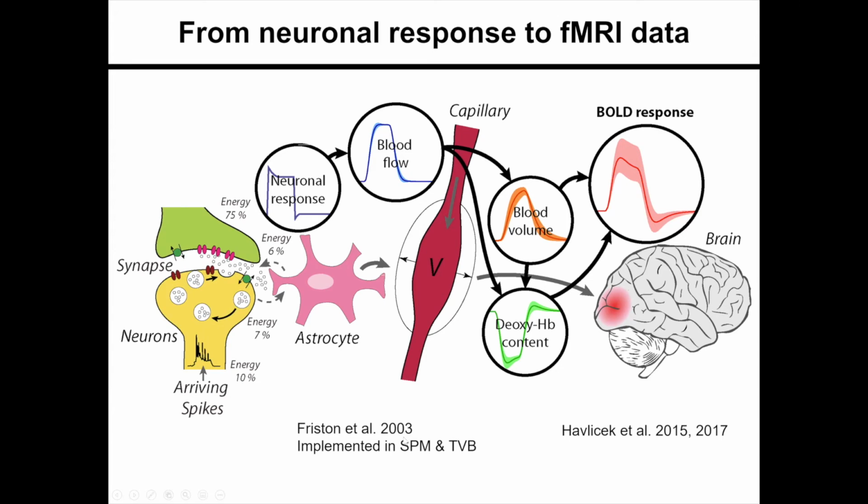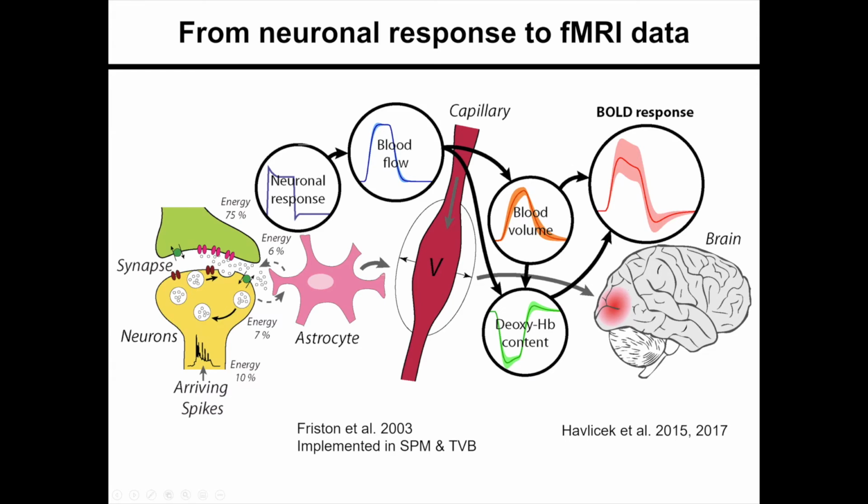There's a model from Karl Friston in 2003 where he modeled the chain of events from neuroactivity to fMRI, and this model has been implemented in SPM and The Virtual Brain. Recently, we have updated the model, and the main difference between this model and our model is that we can distinguish excitatory and inhibitory neuroactivity from the fMRI signal.